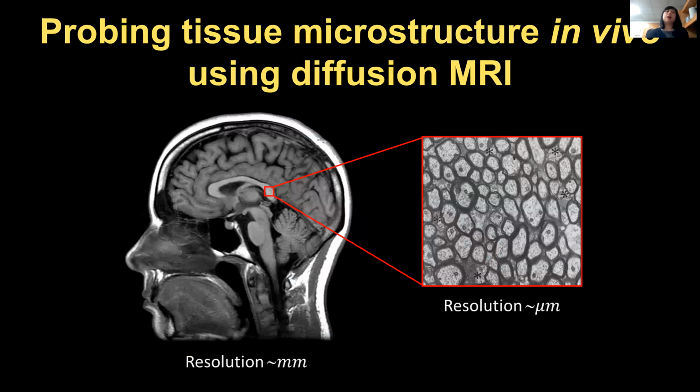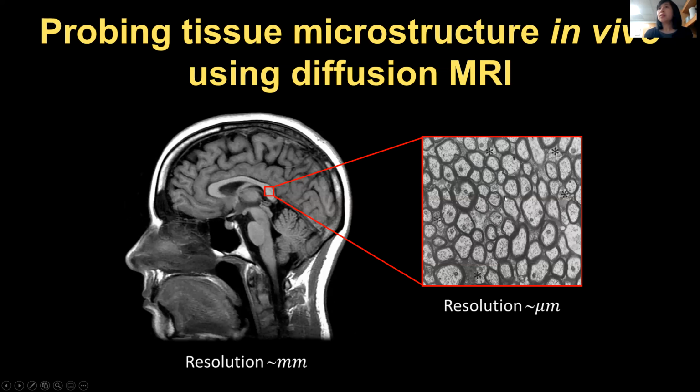So how do we tackle this challenge? One approach that we're taking here is using diffusion MRI. Diffusion MRI is a unique tool that provides an indirect probe of structures on the micron level in tissue, using the Brownian motion of water to infer, say, the sizes of cells and the packing density of axons.